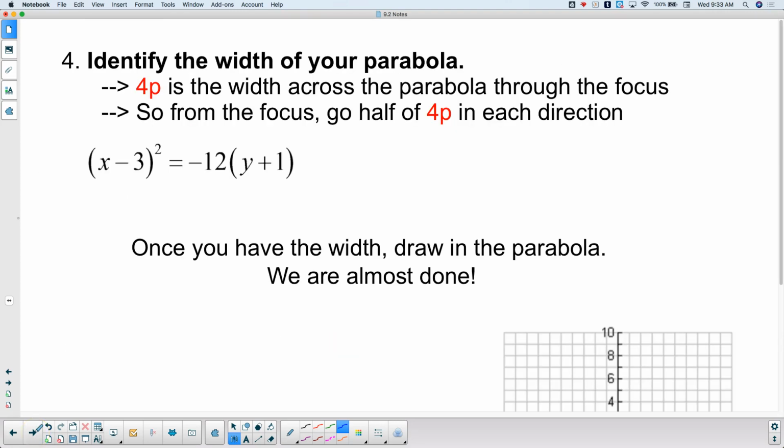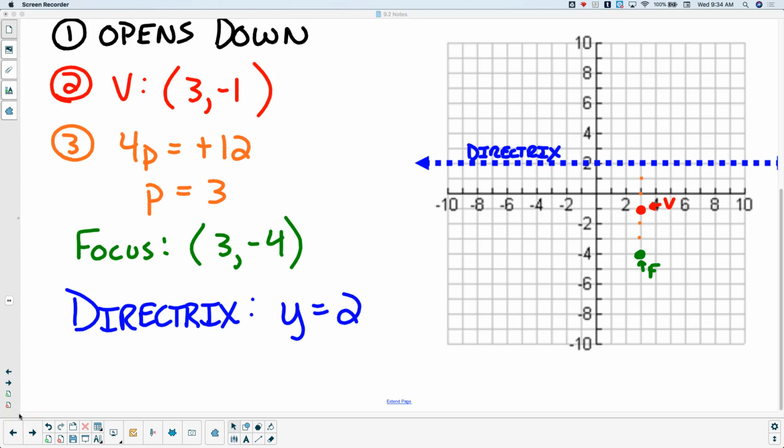Step 4 now says, we can identify the width of our parabola. Okay? So let me tap the brakes here. So what I just did is so I'm up to speed on yours and didn't have it all on one page. Okay?